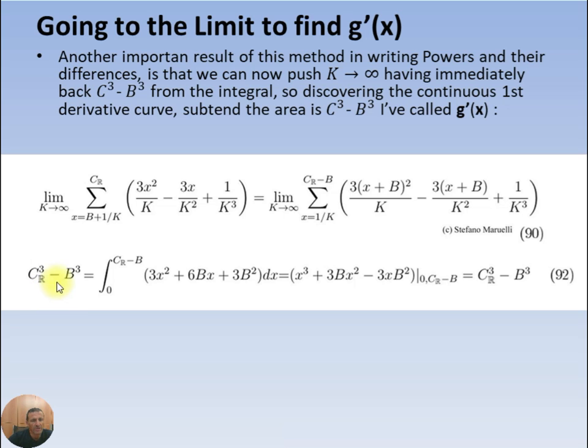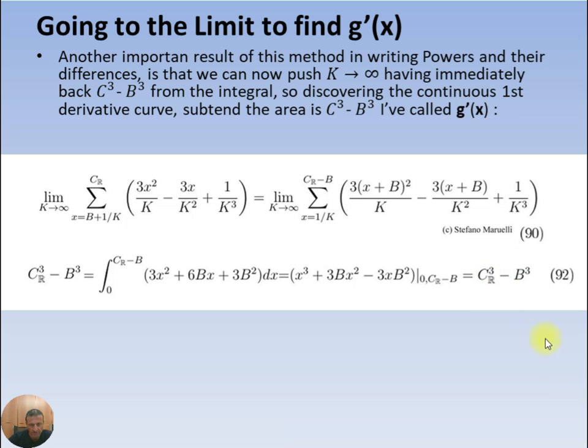In fact, we can perform an integral from b, an integer, plus 1 to k and push this sum to the limit, of course, and this becomes the integral between 0 and the real c minus b. So this is an irrational value of just these terms of the sum, and we can easily check. Then we come back again solving these simple integrals with the known rules to c real cube minus b cube.